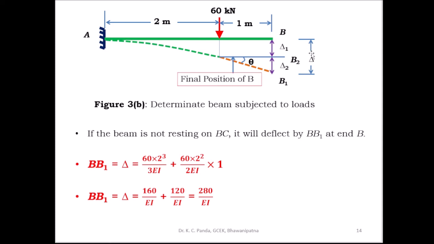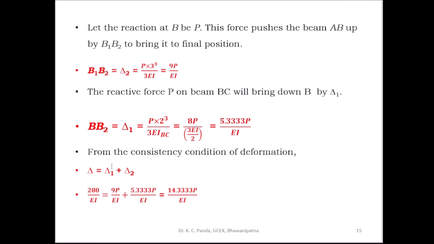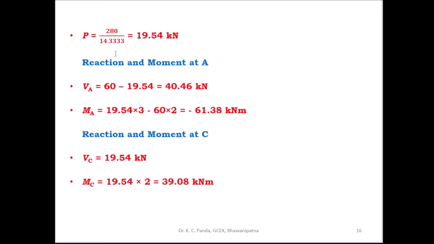Then the total deflection delta is equal to delta 1 plus delta 2. After putting the values of delta 1 and delta 2, you get the force P is equal to 19.54 kilonewton.